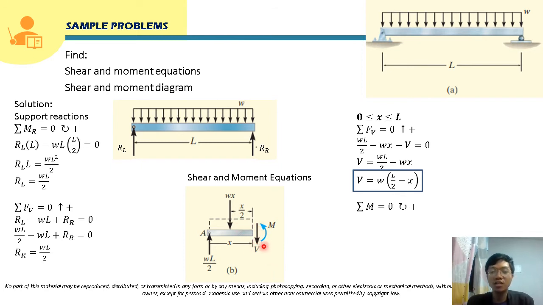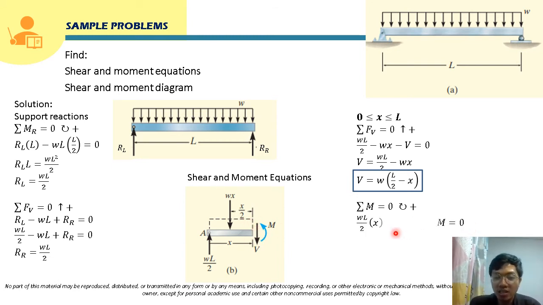That's the reason why we are going to take moment always at this section. So taking moment at this section, this WL over 2 and WX will both have moment at this point.